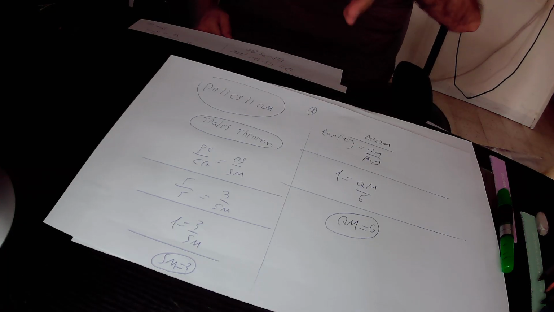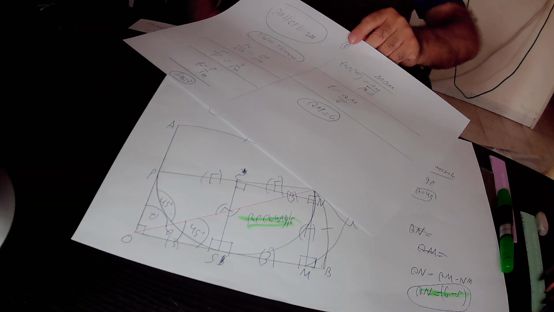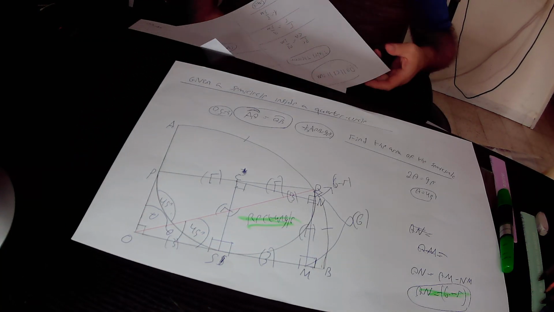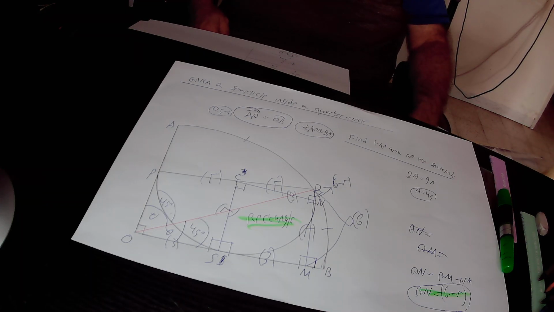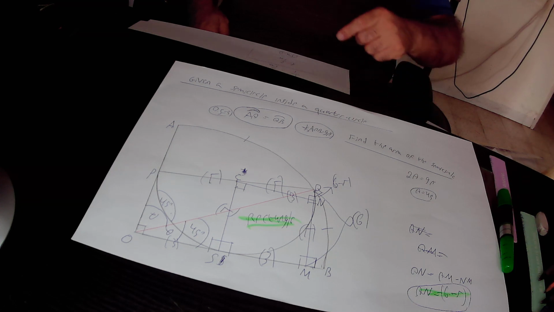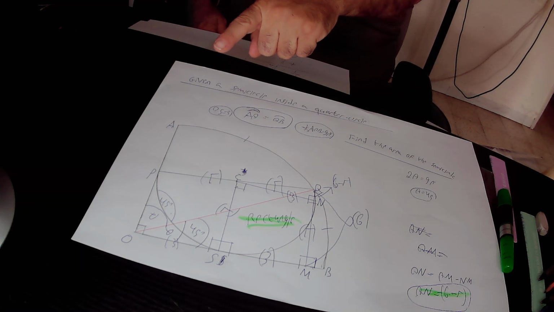Whenever you have three or more parallel lines, you can implement Thales' theorem. According to Thales' theorem, we have a special relationship between the lines that connect the three parallel lines.